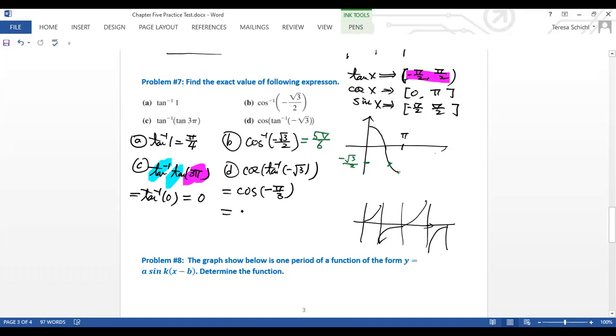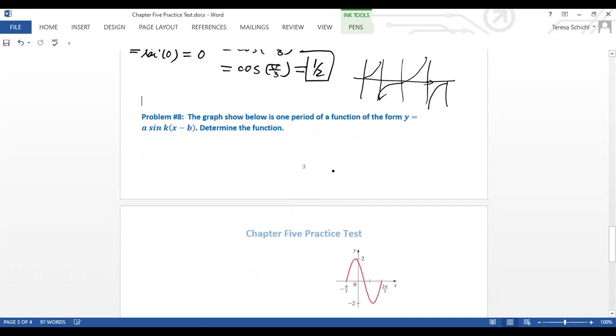Then this one is equal to the cosine of pi over 3. Why? Because cosine is an even function, so the negative is equal to the positive, or the reference angle is pi over 3. So what is the cosine of pi over 3? It is 1/2, right? So it's back and forth, find it on the unit circle here.